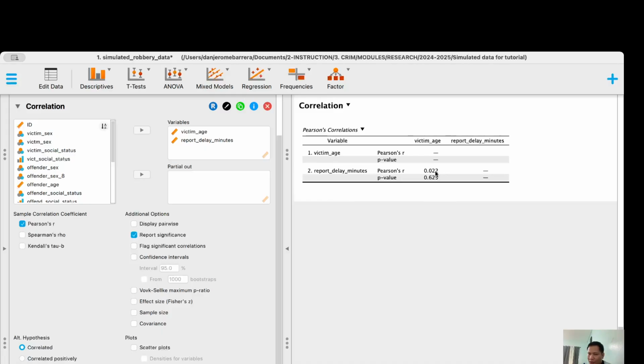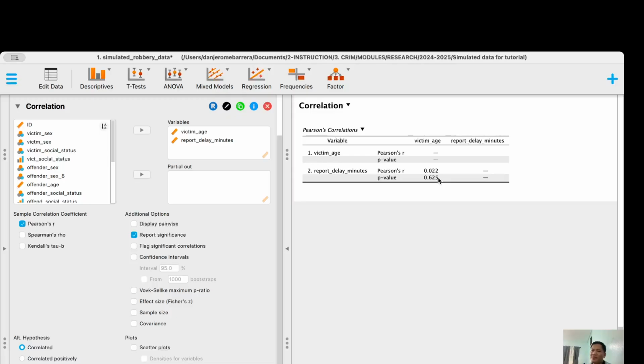0.022. The next question, however, is crucial: whether the relationship is significant, or shall we say below 0.05. We can say that there is a positive relationship, but is that significant? Is that below or equal to 0.05? The answer is no, because the p-value, the probability value that we discussed earlier, is 0.625, and that is 62%.